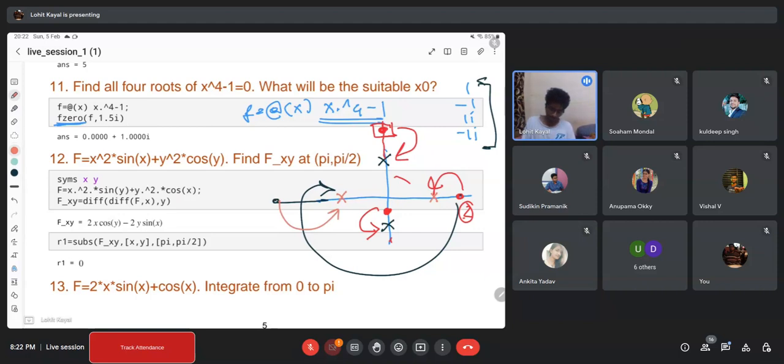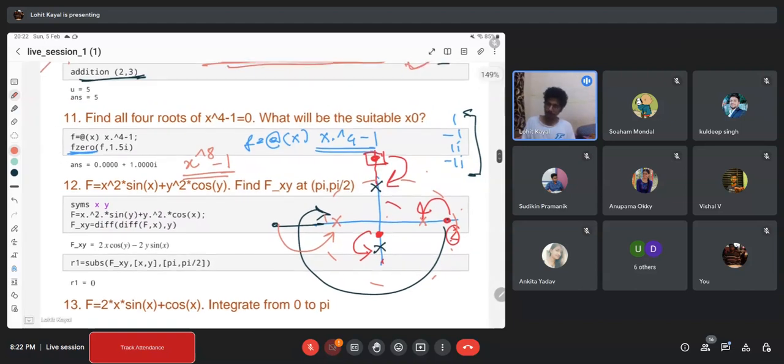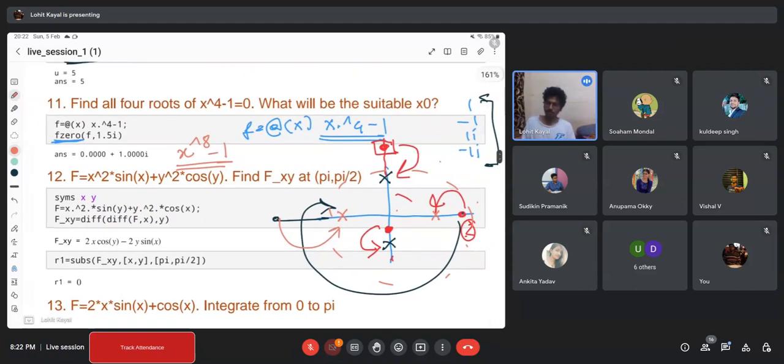You can take some larger function, suppose x to the power 8 minus 1, and take various initial points over the domain. Later I will show you that using fzero we can generate some beautiful plots. When we learn how to use the for loop and while loop, I will show that using this we can generate some beautiful plots.